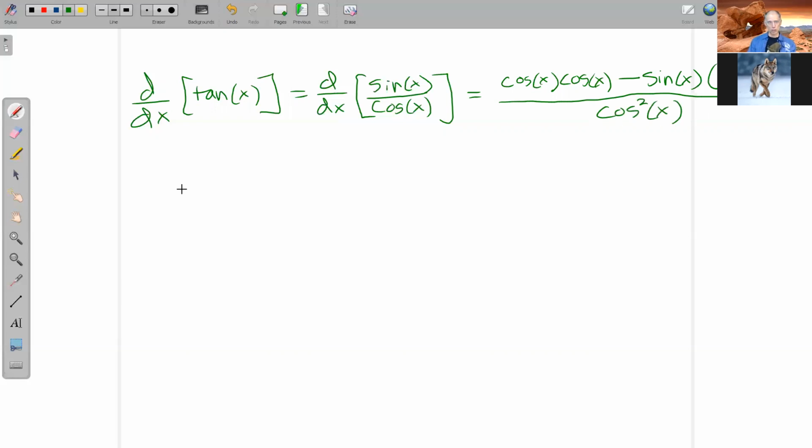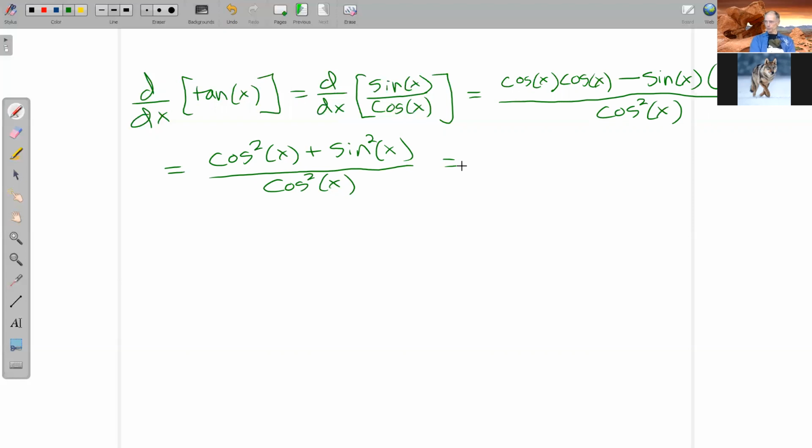The numerator is wicked cool, because that becomes cosine squared of x plus sine squared of x. And what do we know about that? Can you tell me about the numerator? Hopefully somebody says that looks familiar.